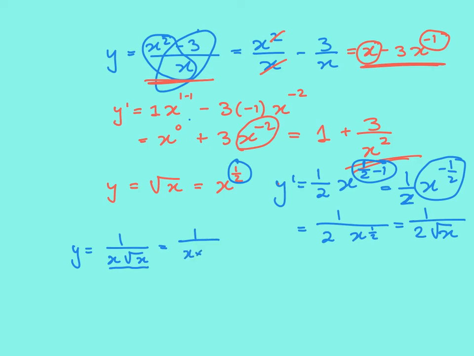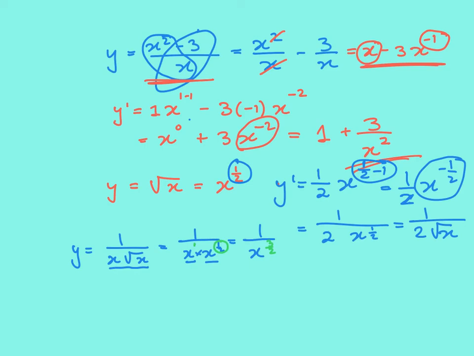So it's x times x to the power of half. Now if I simplify this, it's x times x to the power of half, the same base, and we add the indices. The index here is 1 and here's half. 1 plus half is 3 over 2. So that step is done.